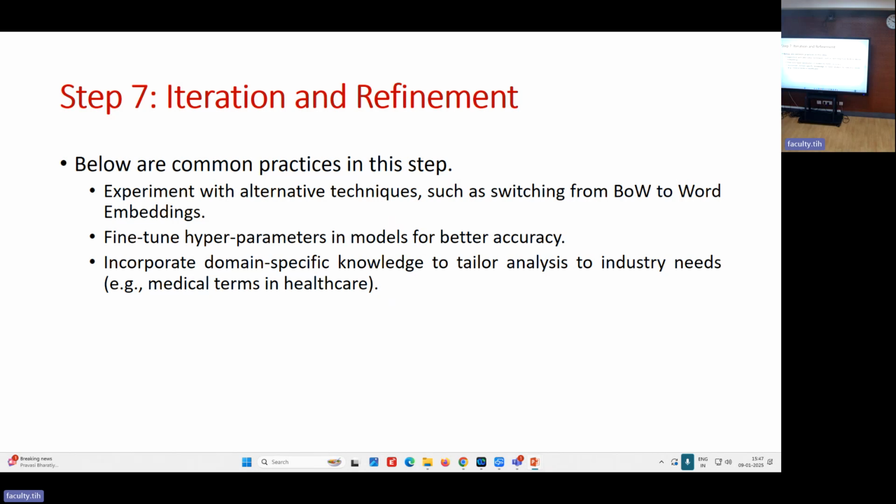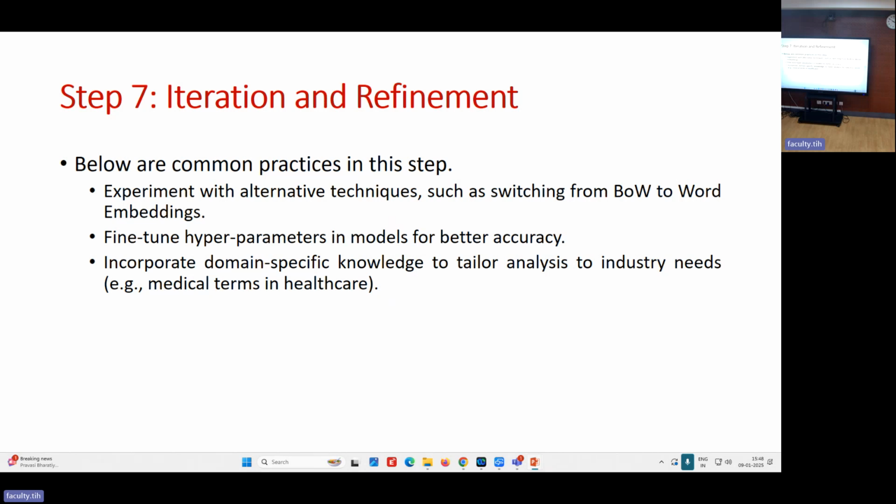Once you have found that your results are not accurate, you can refine your strategies at every stage you have followed. Like at the time of transformation of textual units, whatever approach you have followed, you can use other techniques which can give better results, right?